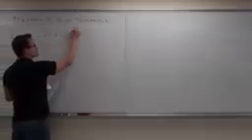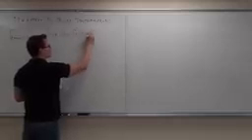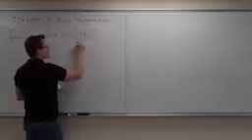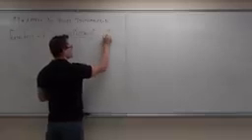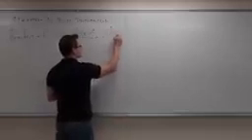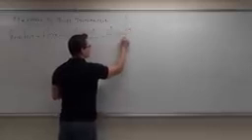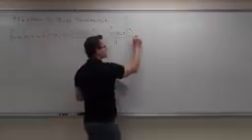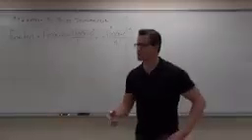Plus the second derivative at c times x minus c to the second all over 2 factorial plus, and we keep on going until we get to the nth derivative at c, x minus c to the nth, all over n factorial. And then this thing keeps on going forever and ever, and that was called a Taylor series.